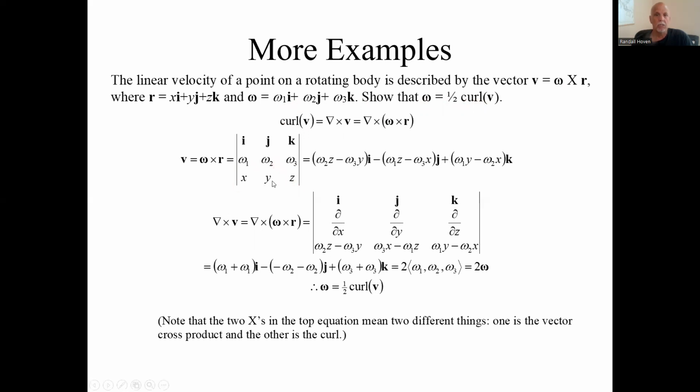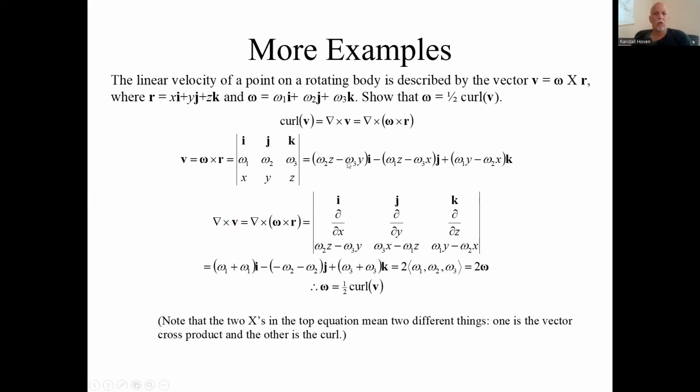Omega 2 z minus omega 3 y. j will be minus there because it's a determinant. Remember how to take determinants. Omega 1 z minus omega 3 x. Et cetera. So here's V, or omega cross r. Now we want the curl of it.